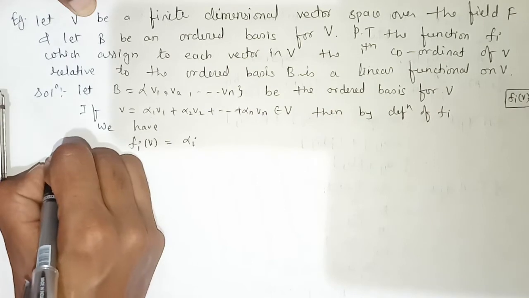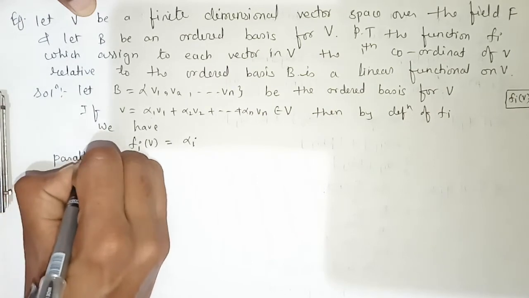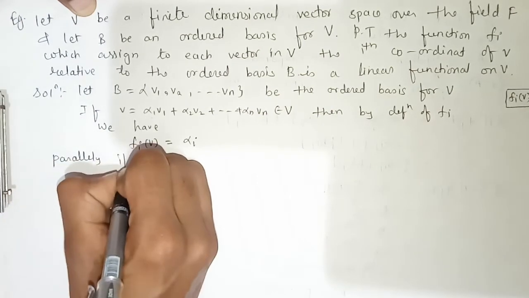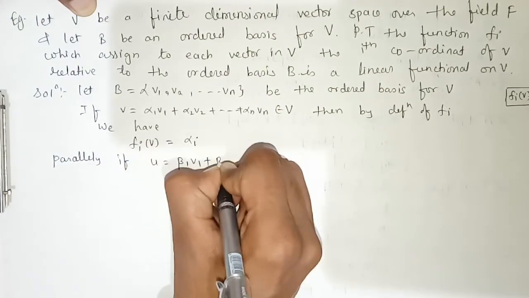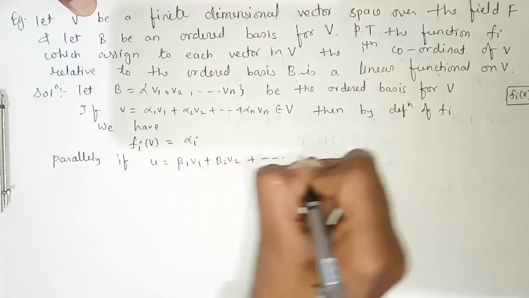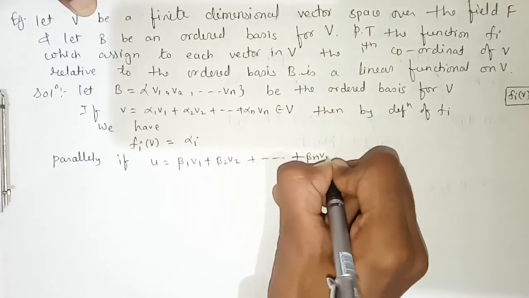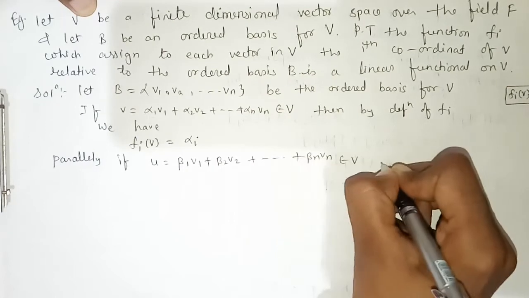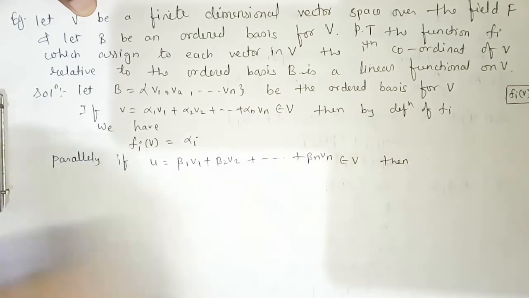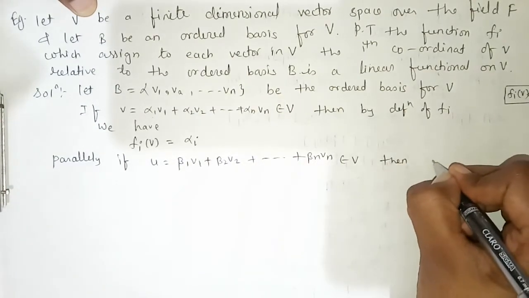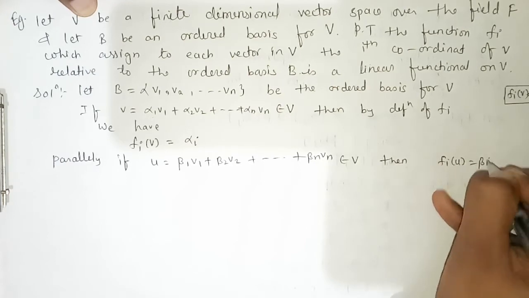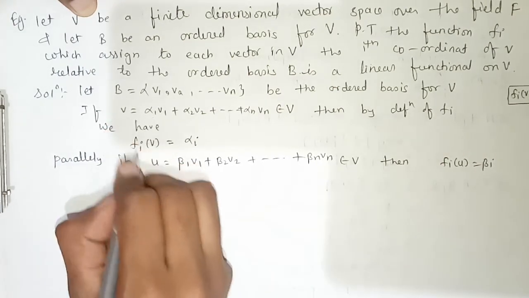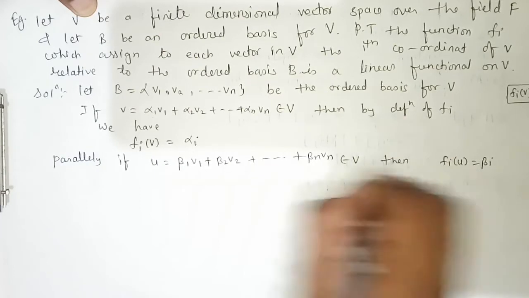Parallelly, if u is equal to beta 1 v1 plus beta 2 v2 plus beta n vn, this belongs to V, then fi of u is equal to beta i.